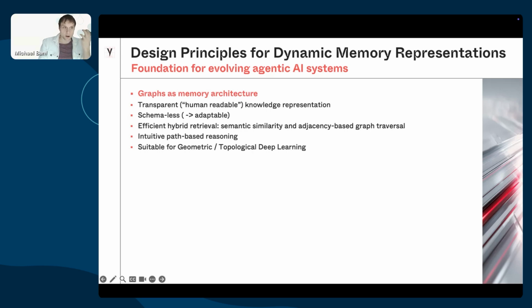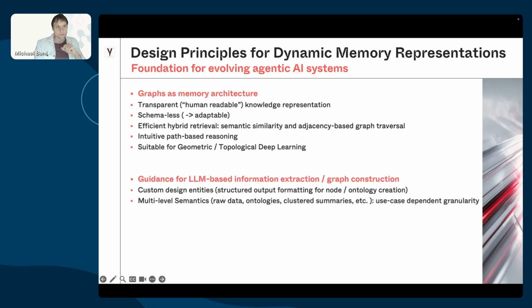They offer efficient hybrid retrieval between semantic similarity and adjacency-based graph traversal elements, and they lend themselves to intuitive path-based reasoning. Everything that makes them really suitable for interesting setups for agentic AI systems.